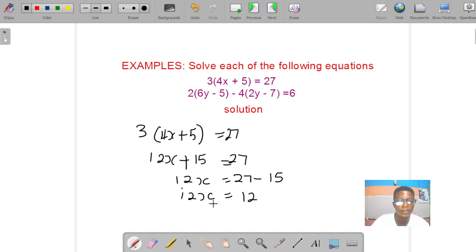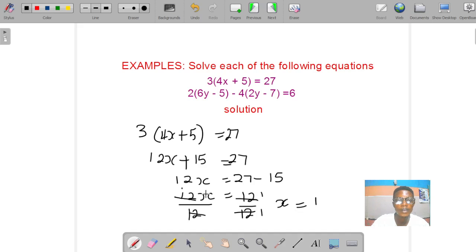You recall what we said earlier: you divide both sides by the coefficient of your unknown, which is 12. So this cancels out, and the value of x equals 1. I'm sure you have seen all the various steps we have taken.